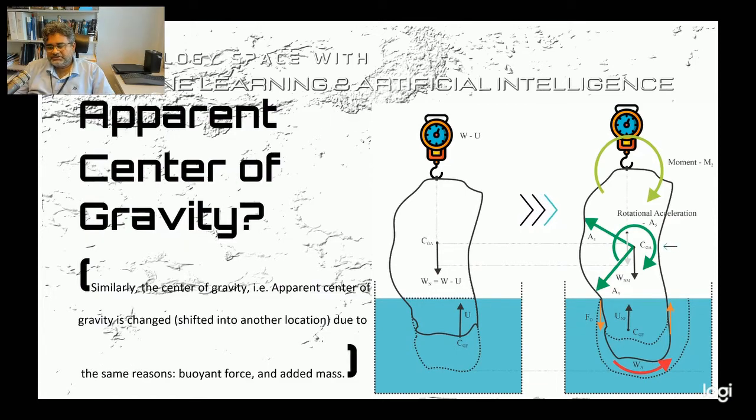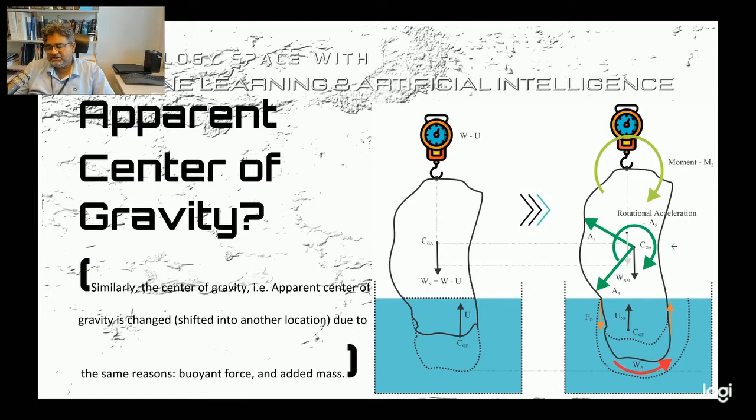As we have discussed in the previous situation, due to this movement on the rigid body, it could get translational and rotational accelerations. These accelerations eventually influence the added mass of this rigid body. Similarly, that will also influence the buoyant force. Since the buoyant force and the added mass will vary due to its rotational motions, the weight distribution or the weight condition of this rigid body could also vary.